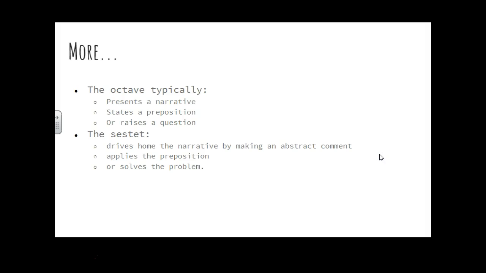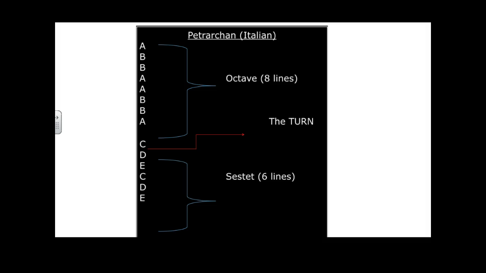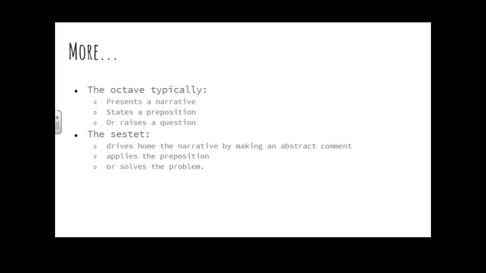The octave, which is the first stanza. The octave presents a narrative, it states a proposition, or raises a question, okay? So it's typically going to present information, whether it's a story, whether it's like a proposition where you're going to propose something, or it's a question, okay? That's the first octave.